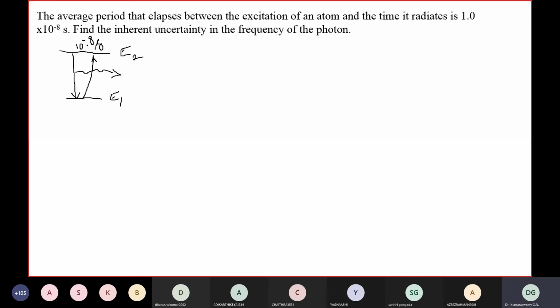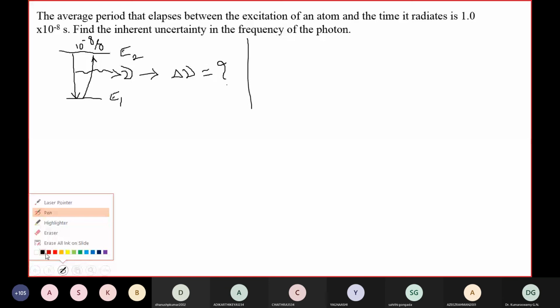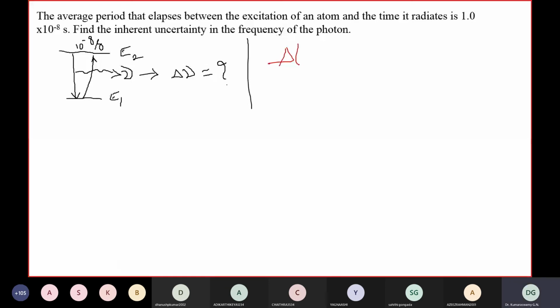When it de-excites, it emits a radiation of frequency nu. This radiation of frequency nu has an uncertainty of delta nu. How much is this uncertainty? That is what is asked. What is given is delta T, equal to 10 to the power of minus 8 seconds.